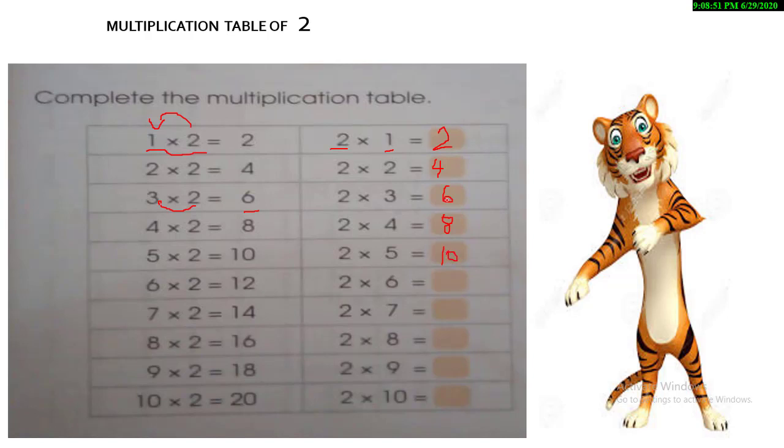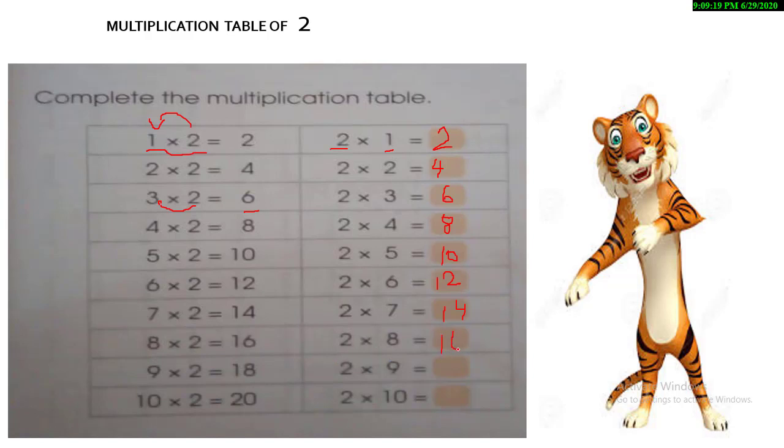And in the same way, this kind of blanks will be solved. 6 2s are 12, 2 6s are 12, 7 2s are 14, 2 7s are 14. The answer will come as it is. That's what I told you, that if the numbers are swapped with each other, their answer will never change. 8 2s are 16 and 2 8s are 16.